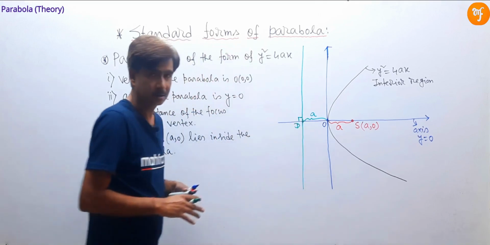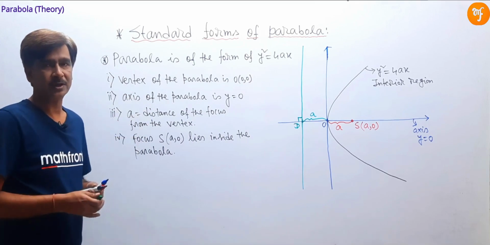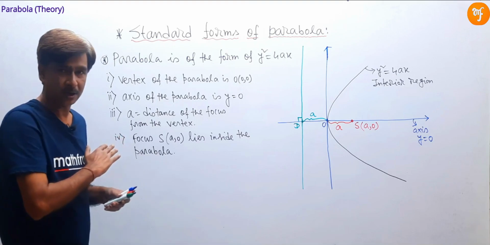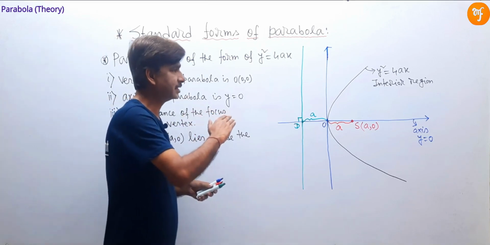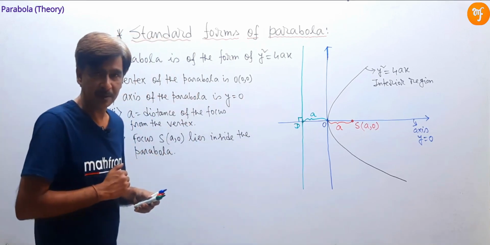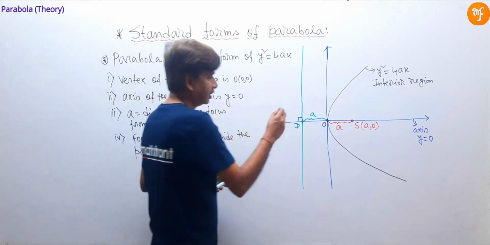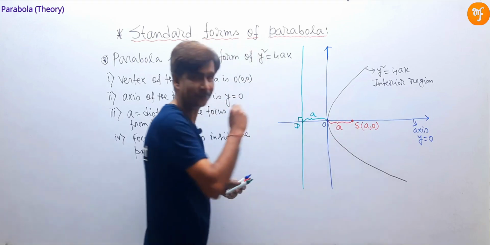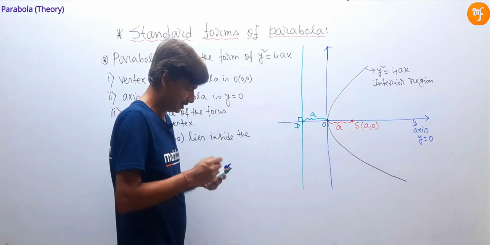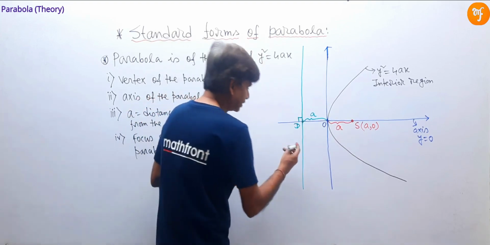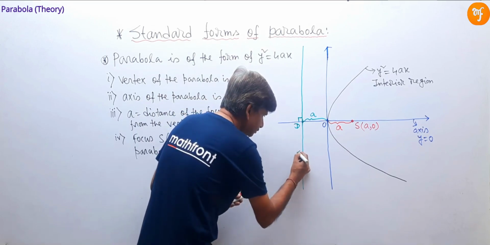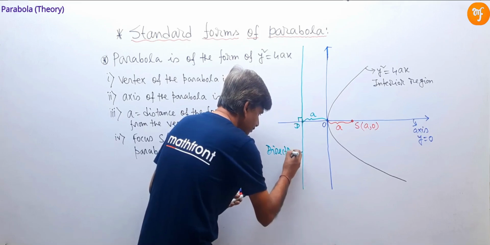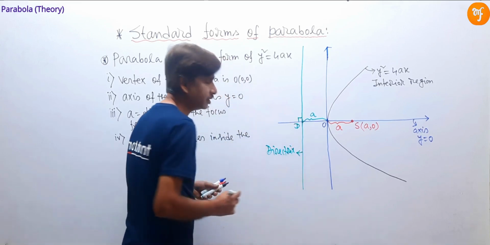So, what we learned? Directrix of the parabola y square is equal to 4ax lies outside of the parabola and directrix is perpendicular to the axis of the parabola and vertex is the midpoint of directrix and focus. Got it? Clear? So, this is the directrix. And what's its equation?